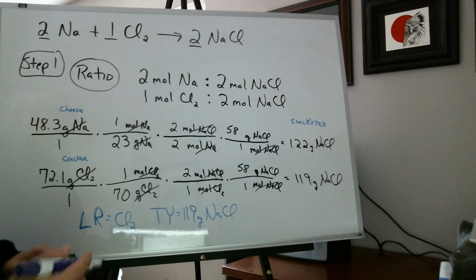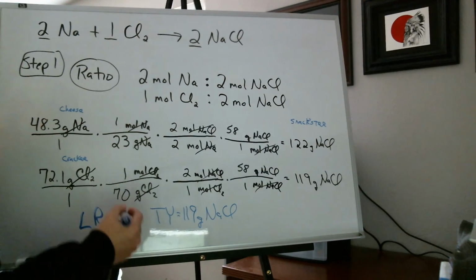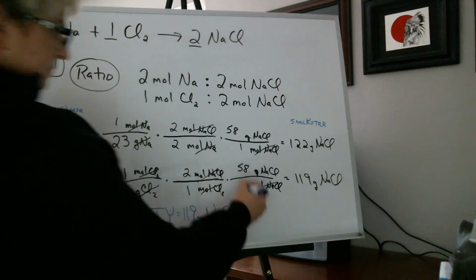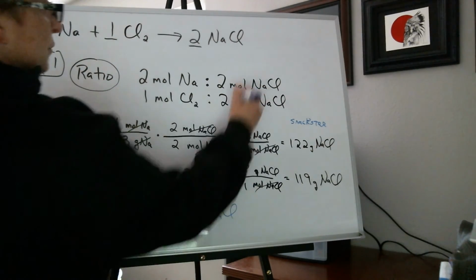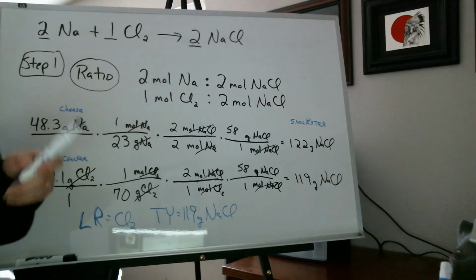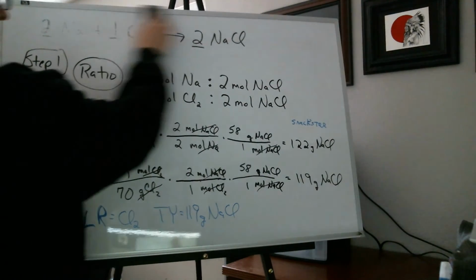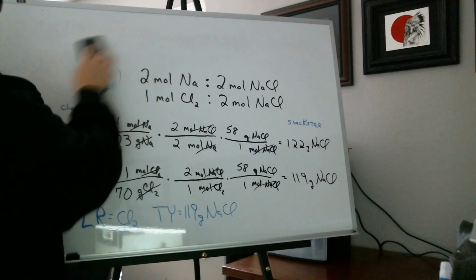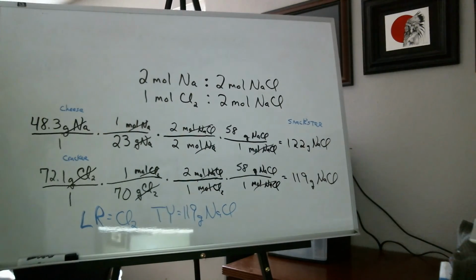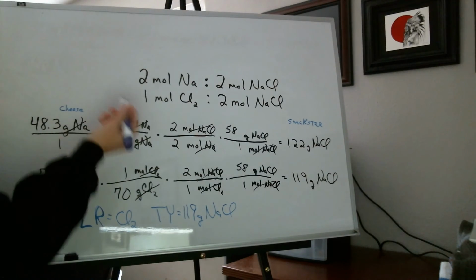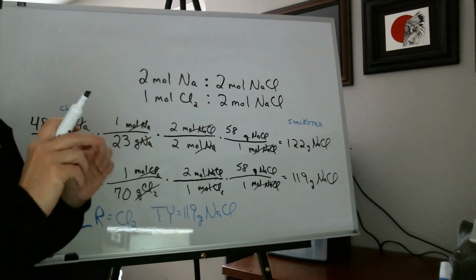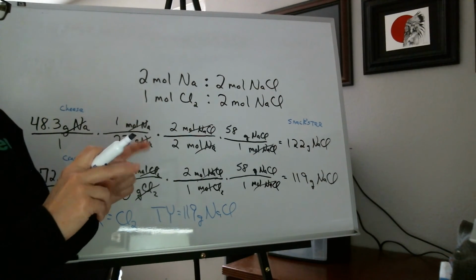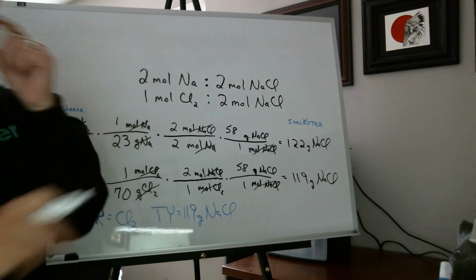And then our percent yield, or let's see, I'm kind of running out of room. Let me actually put it up here, because our question also asked us to find the percent yield. And percent yield, remember, is actual yield divided by theoretical.